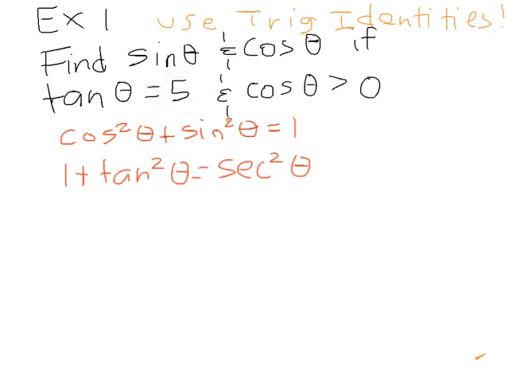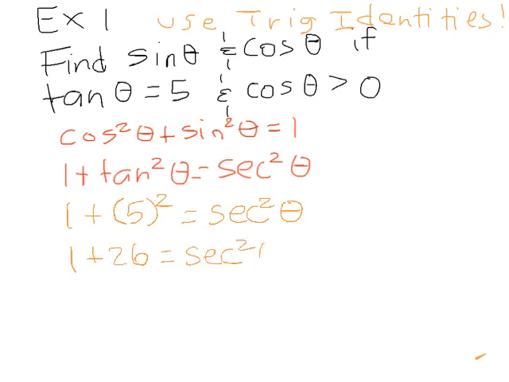So secant squared theta is going to turn into 1 plus tangent squared theta, and that's going to be equal to the secant squared of theta. With a little bit of math, we have 1 plus 25 equals the secant squared theta. And let's have a quick refresher on secant.